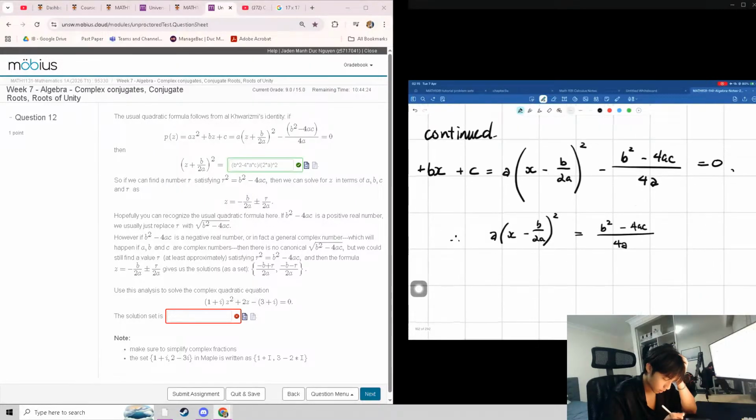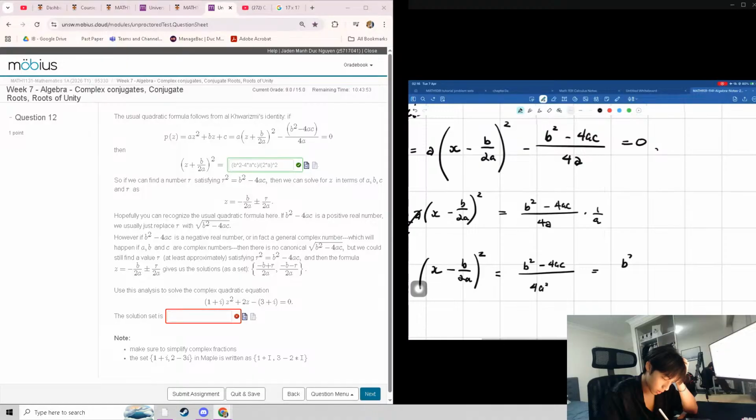And so if we multiply both sides by 1 over a, that cancels. We get x is equal to b squared minus 4ac over 4a squared, which we can simplify just a bit into 4ac over 2a squared.